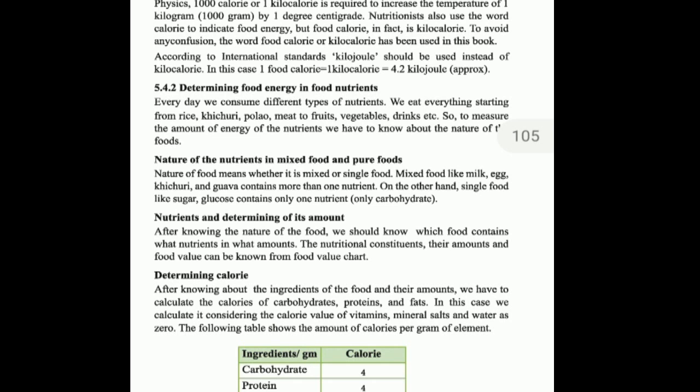So all the muscles involved in these functions contract and relax to perform work as a whole. So consumption of energy still goes on. This energy is called basic metabolic energy.